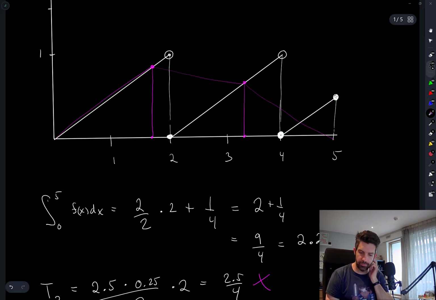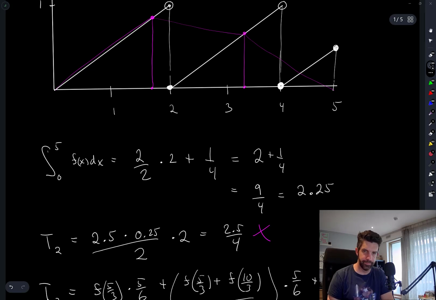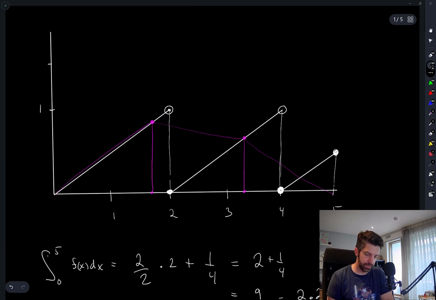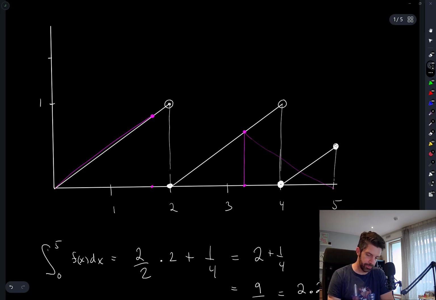Okay, well, let's try it for 4. Is there a way we can see easily that with 4 substrips it won't give an overestimate? Let's draw approximately what everything looks like.